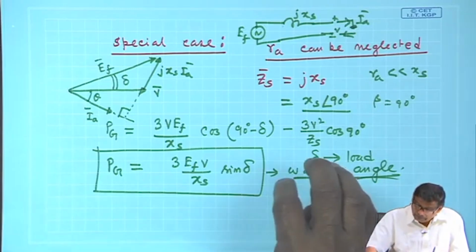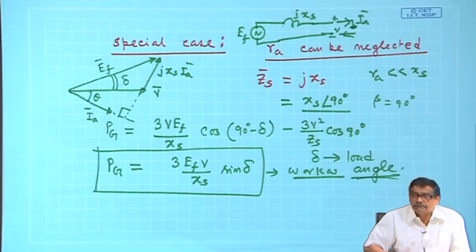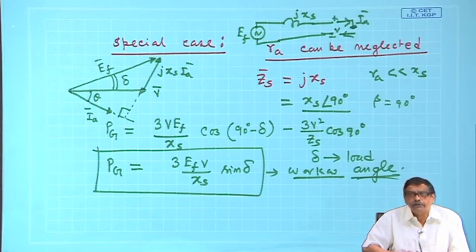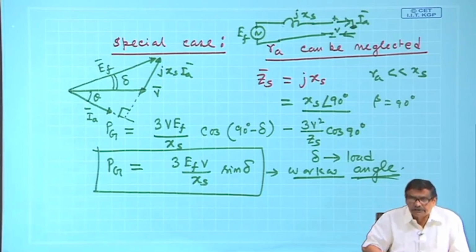Therefore, this much power must be supplied by the prime mover. In which form is energy fed to the prime mover? If it is a steam turbine, we are burning coal. If it is a water turbine, we are using some potential energy of the water resources. If it is diesel, we are burning diesel.